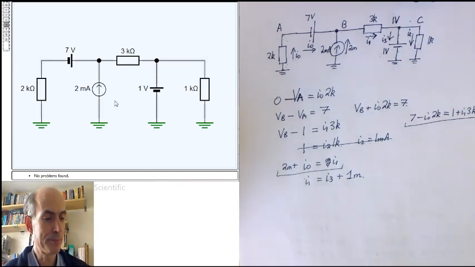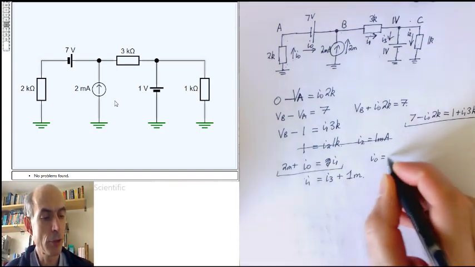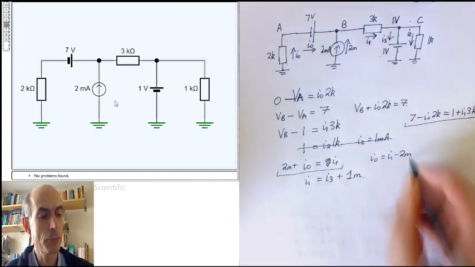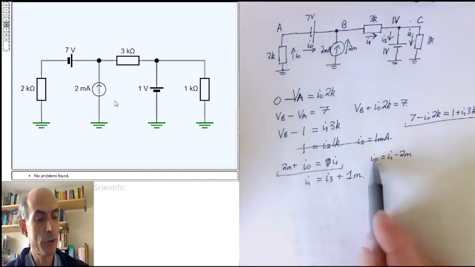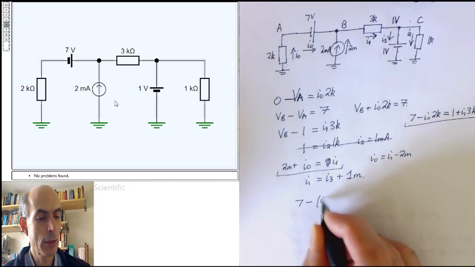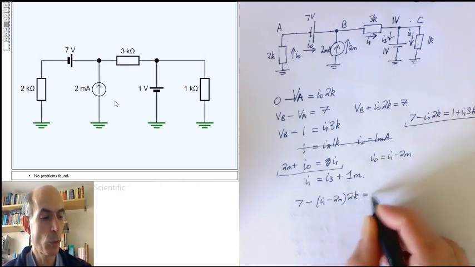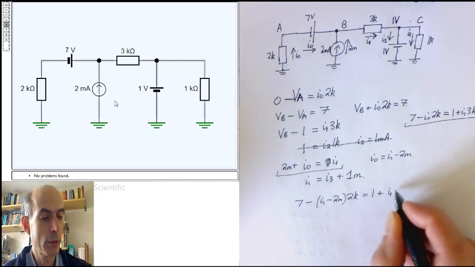That's much easier. From this equation, we can see that I0 is I1 minus 2 milliamps. So substituting that into here gives us 7 minus (I1 minus 2 milliamps) times 2K equals 1 plus I1 times 3K.